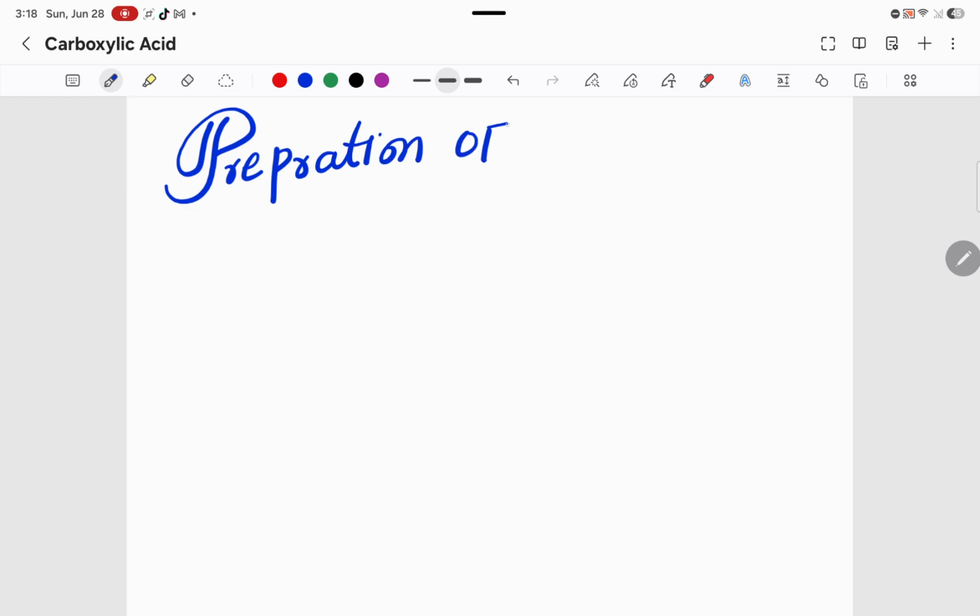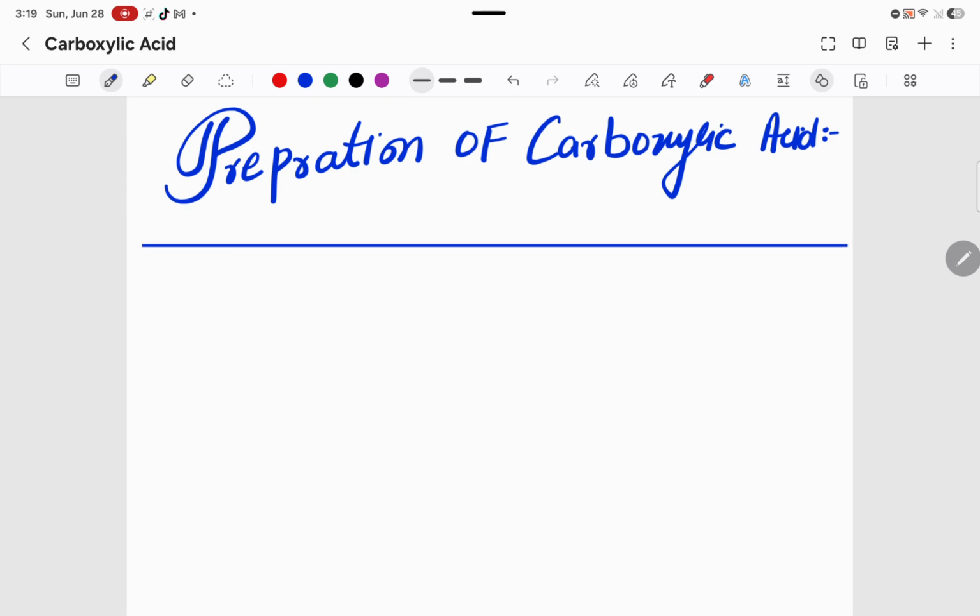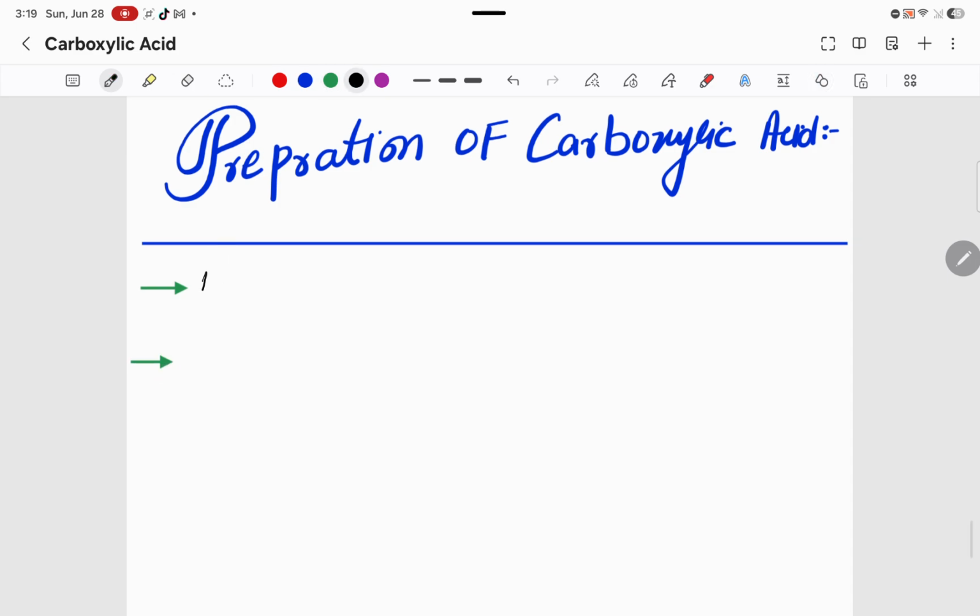preparation of carboxylic acid. Okay, so my dear students, let's understand first ethanoic acid, the simplest carboxylic acid.